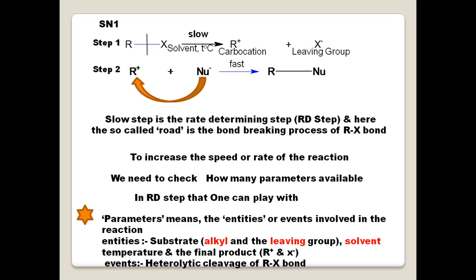Injecting more energy will always facilitate the bond breaking process between carbon and the leaving group X. So a temperature increase will always help to increase the rate of the reaction, but that is not always our priority, because scientists always want to do a reaction at room temperature or at a temperature as low as possible, meaning quite close to the room temperature range.